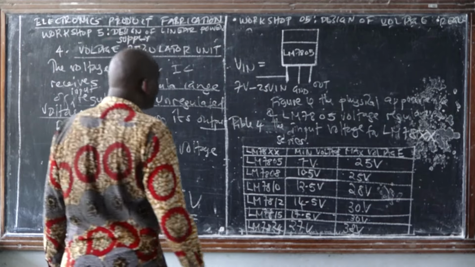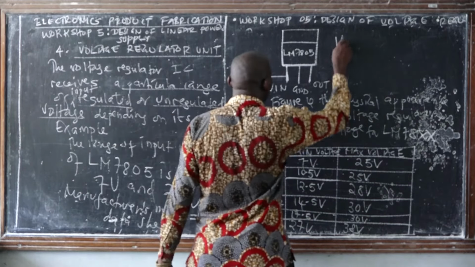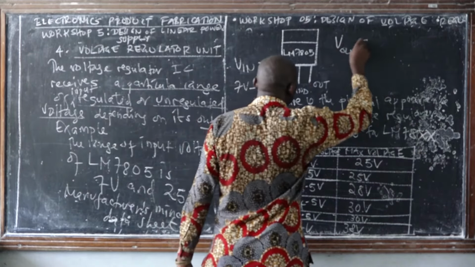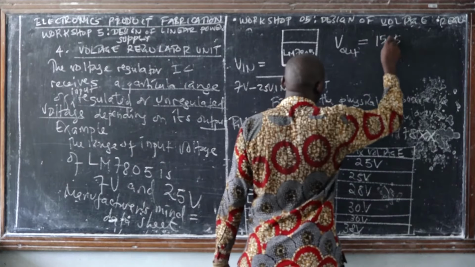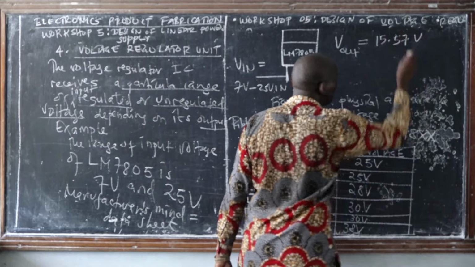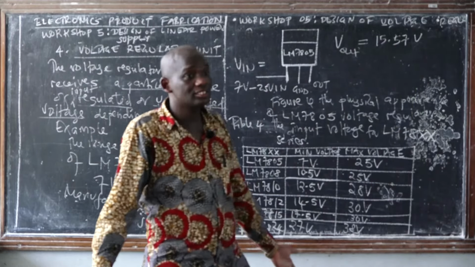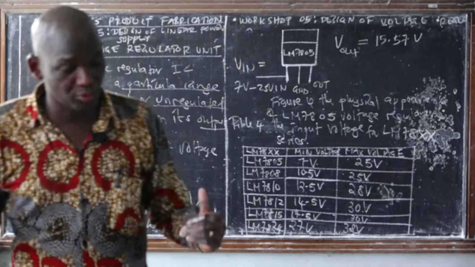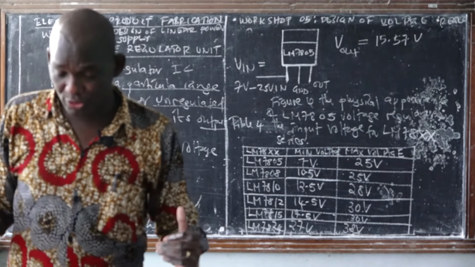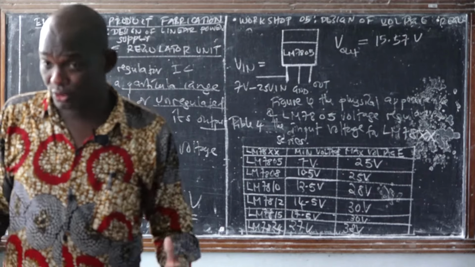Okay, for instance, our output voltage of the filter unit is 15.57 volt, according to the choice of our step-down transformer, which provides a root mean square output voltage of 12 volt.